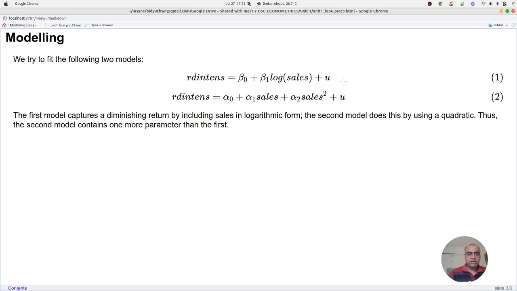So the first model captures the diminishing returns by including sales in logarithmic form, whereas in the second model this is done by using a quadratic equation, sales and square of sales. So in the second model you can see there is one additional term. Instead of one expenditure variable we have two, sales and sales square, whereas in the first we have only log of sales.